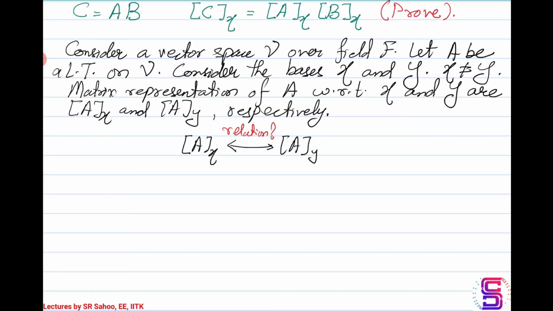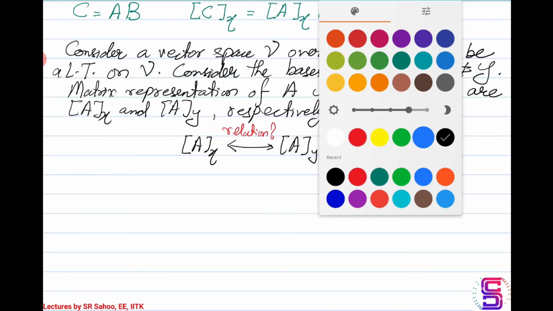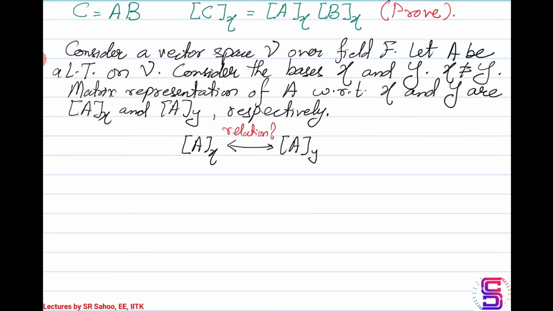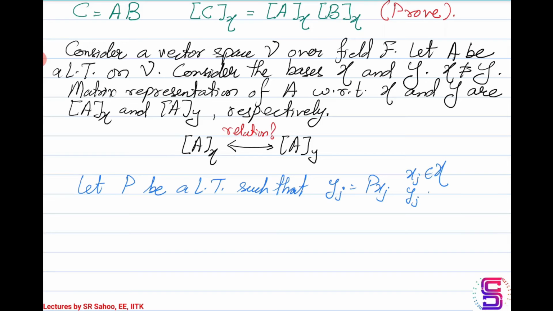Okay. So for this, again, we know that given two bases, we have a linear transform that takes you from one basis to another basis. So let P be a linear transformation such that Yj is P xj, with xj belonging to the basis X and yj belonging to the basis Y. This is true for all j from 1 to n.